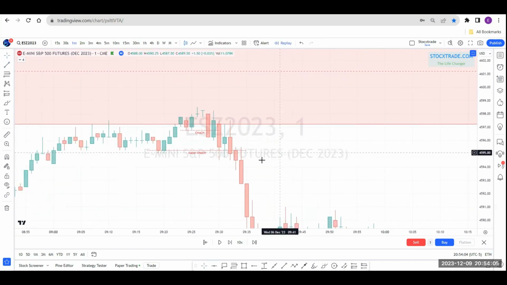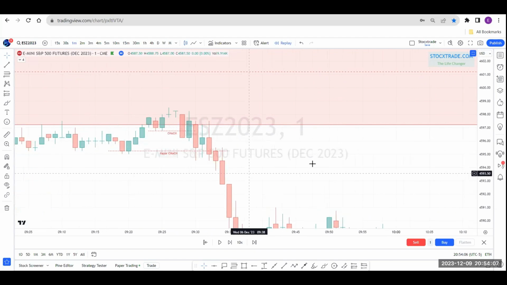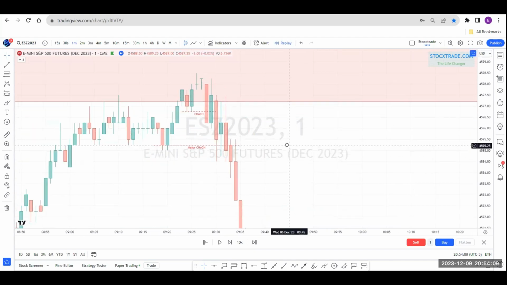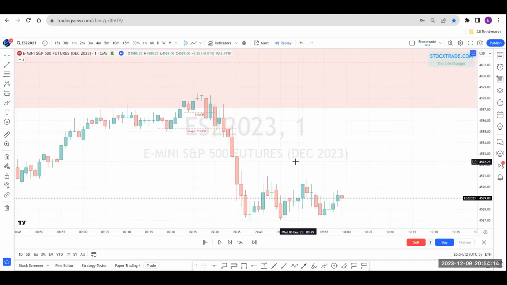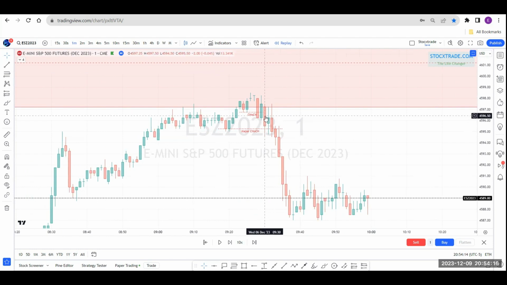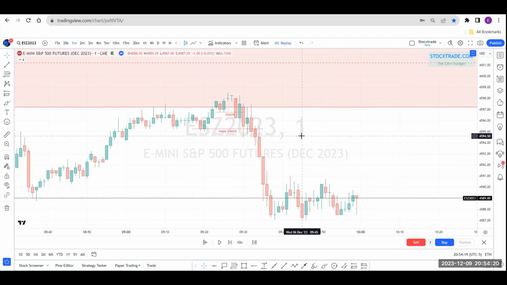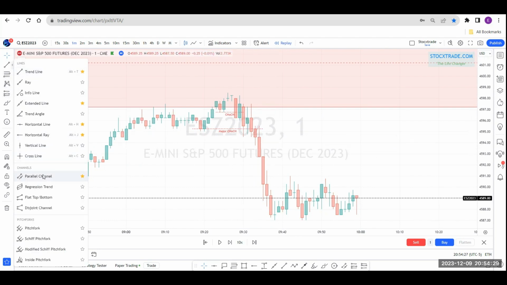After the major change of character, do you have any impulsive move? I think a lot of impulsive moves, yes, the impulsive move is here. And am I getting any fair value gap? First, there is no fair value gap here. My fair value gap is here.